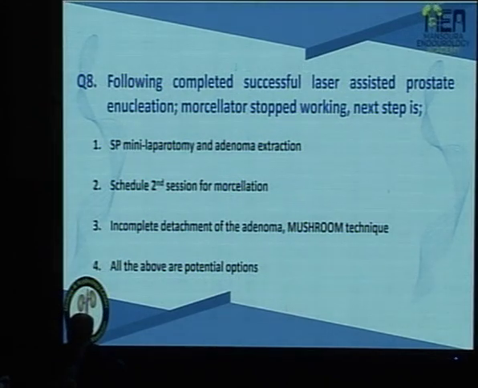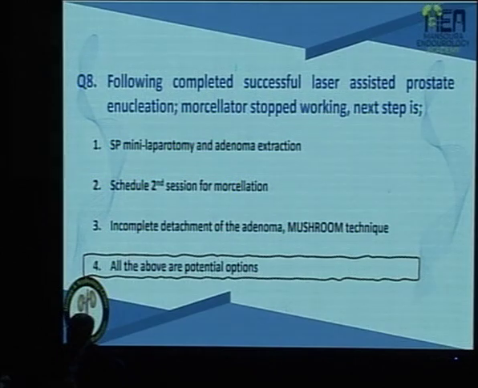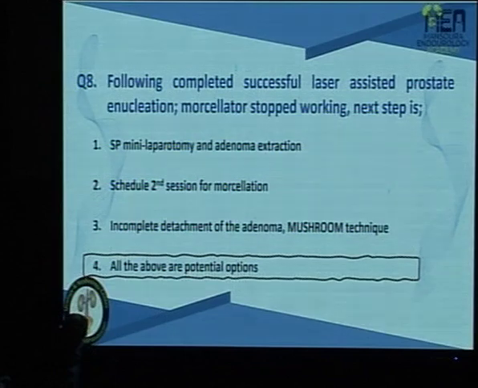Yes, all options. And the second session morcellation, in certain case scenarios, if you have a large giant adenoma and you spent a lot of time doing the transurethral enucleation, and at the end of the day the morcellator stopped working, and you don't want to incise the patient, or your patient is not accepting, a second session morcellation will be a very nice, efficient session.